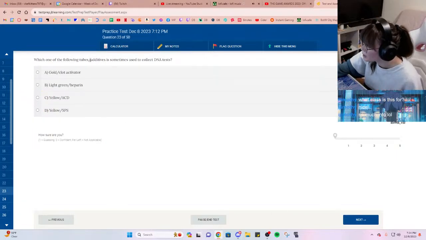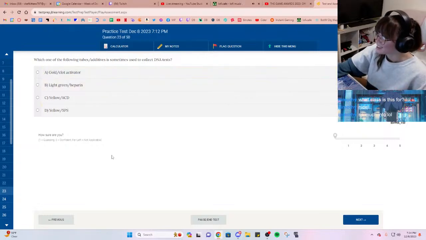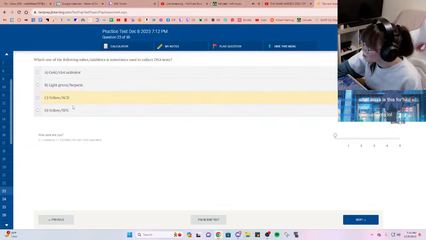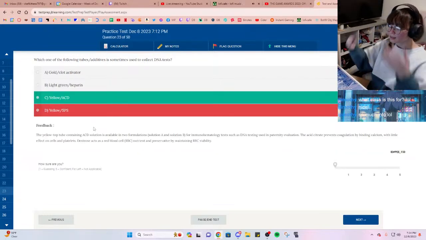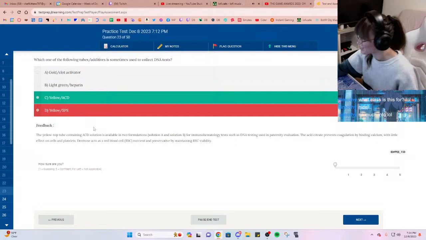Which of the following tubes or additives is sometimes used to collect DNA tests? DNA tests? See, this is like the ones that I'm bad at. I want to say yellow, but I don't know which one. But, bruh, I keep doing that. It's so annoying.